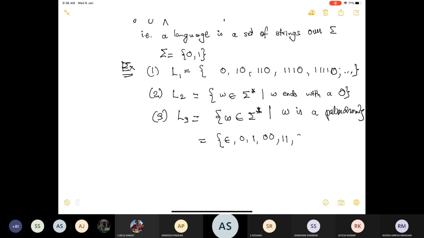Palindromes of length 3: 0 1 0, 0 0 0, 1 1 1, 1 0 1. Any other palindromes of length 3? These are the only ones, right?